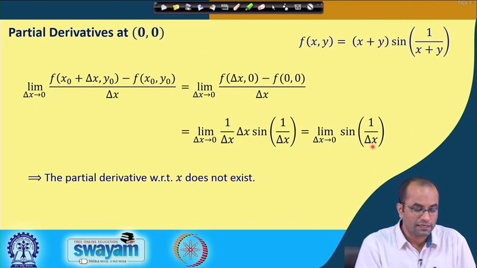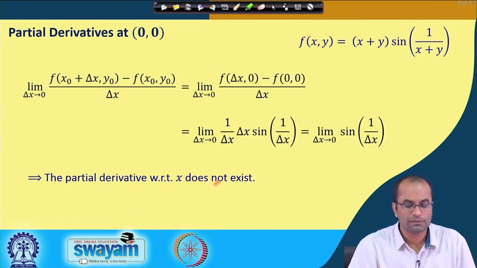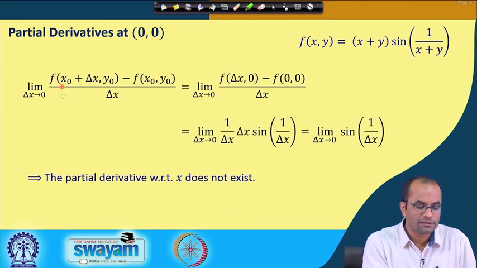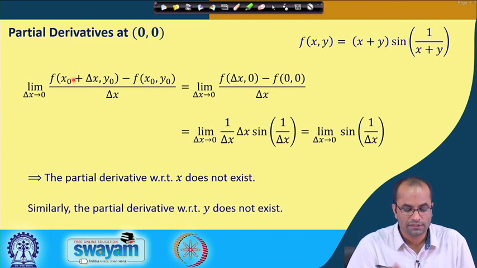So, the partial derivative with respect to x does not exist in this case, and obviously a similar calculation we can do for y, for the partial derivative with respect to y, to get this limit, and we will find that the partial derivative with respect to y also does not exist.